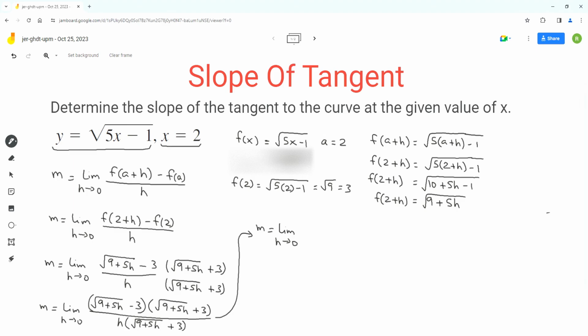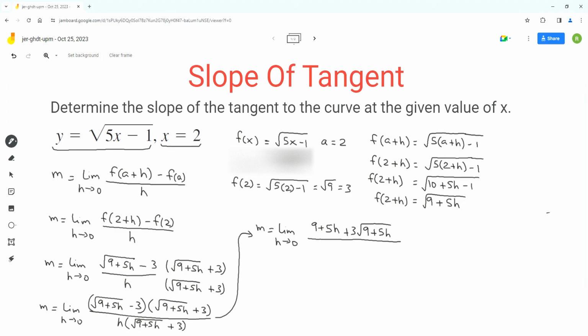First we do square root of 9 plus 5h times square root of 9 plus 5h, which is equal to just 9 plus 5h. Now we do square root of 9 plus 5h times 3, which is equal to 3 times square root of 9 plus 5h.